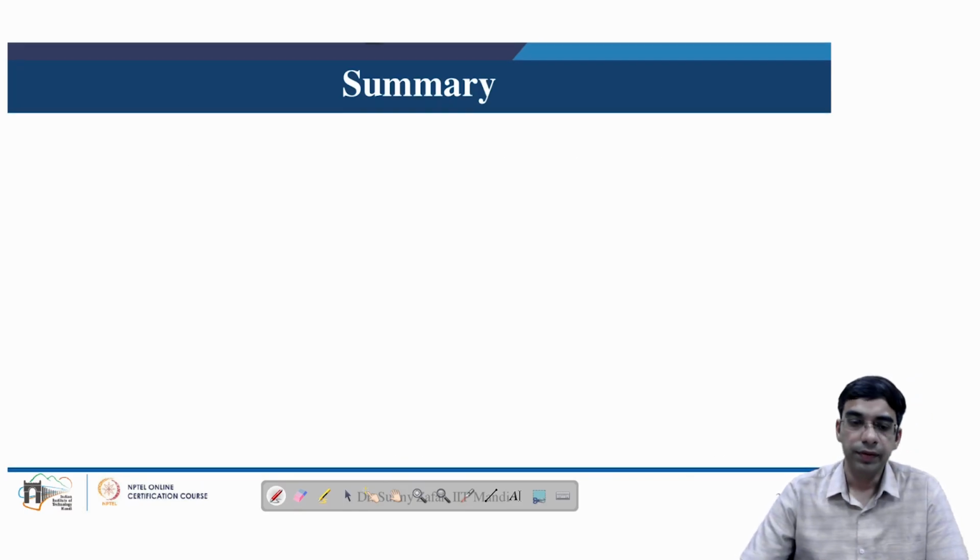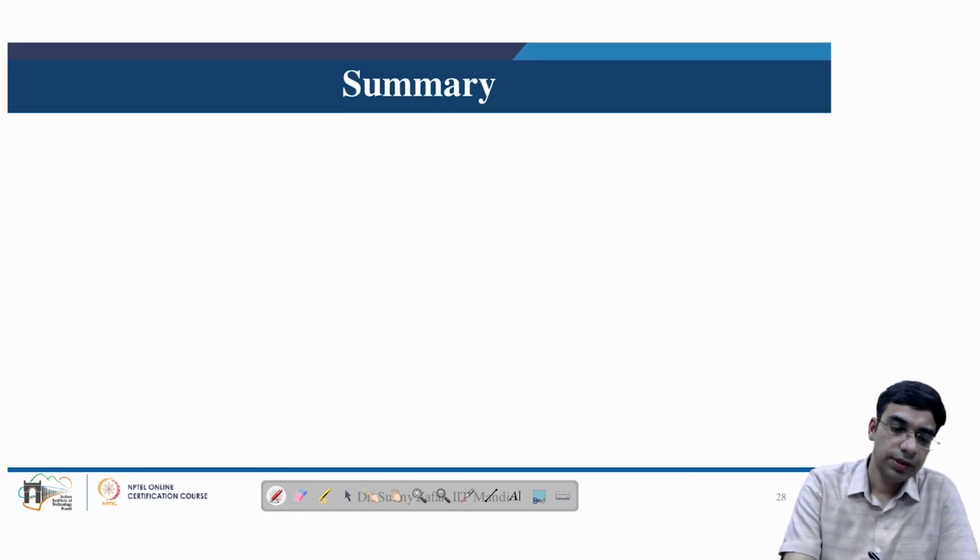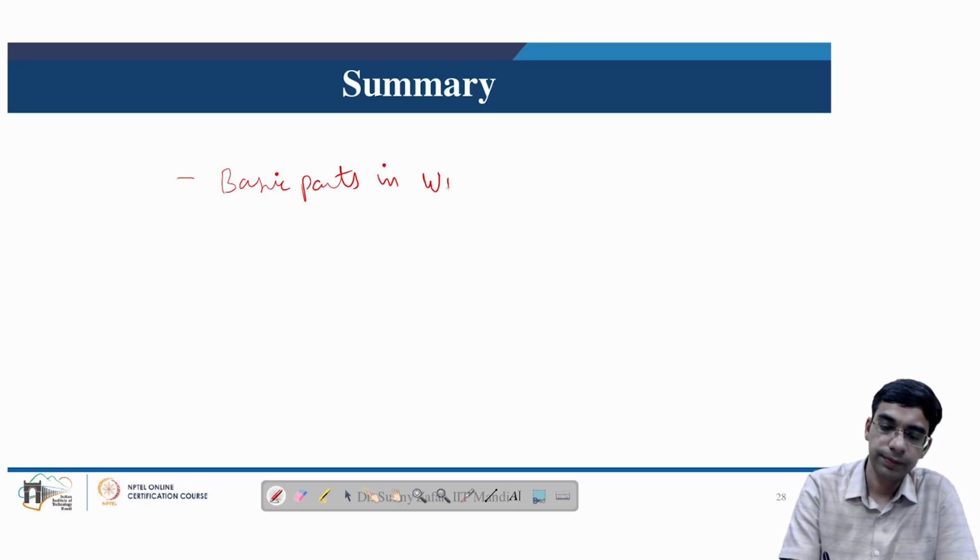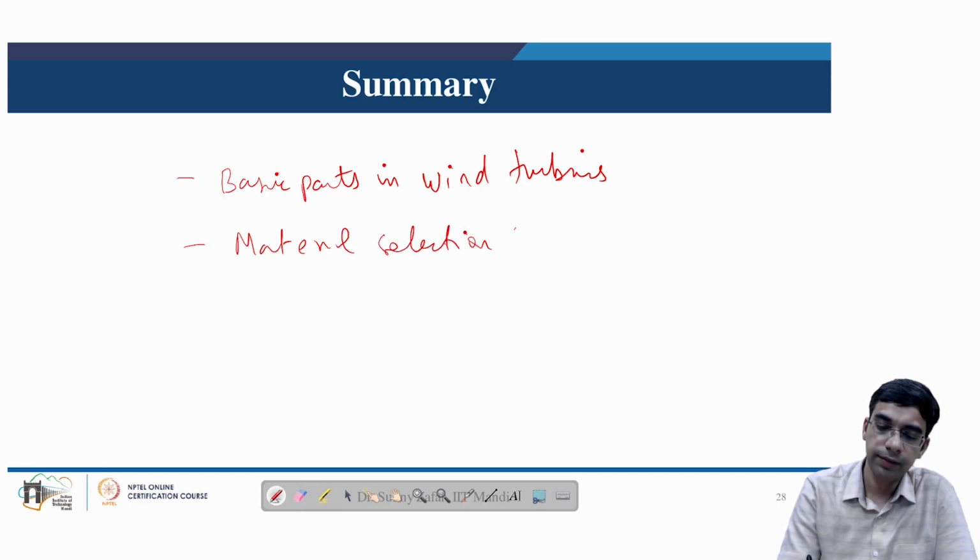So with this, we will summarize what all is covered in this lesson. We have covered the basic parts in wind turbines. Then we have also looked at the material selection and criteria for wind turbines.